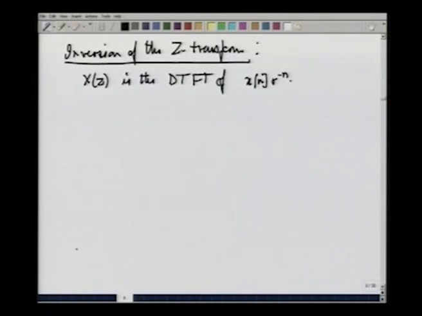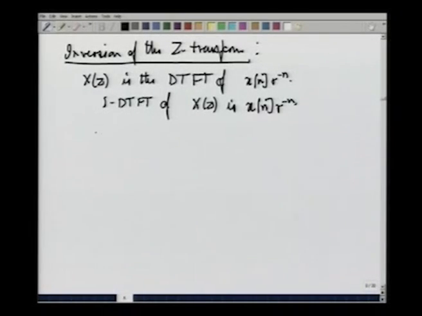Keeping this in mind, we can write that the inverse DTFT of X(z) is x[n] r to the minus n. So, we have an expression for the inverse DTFT of any sequence.